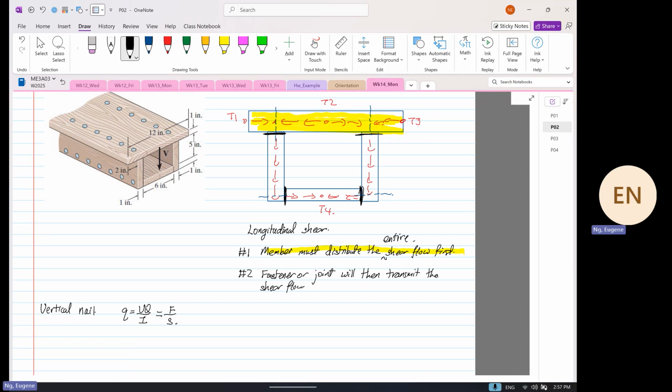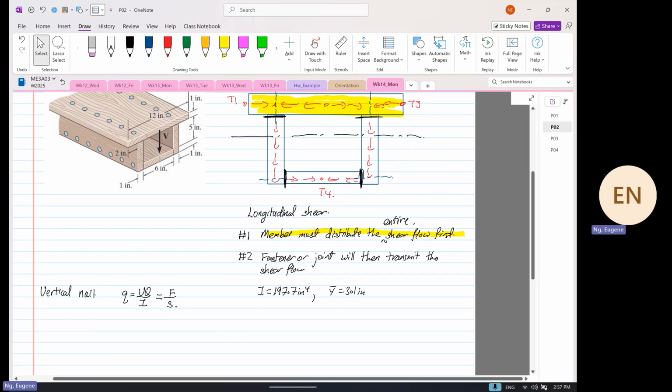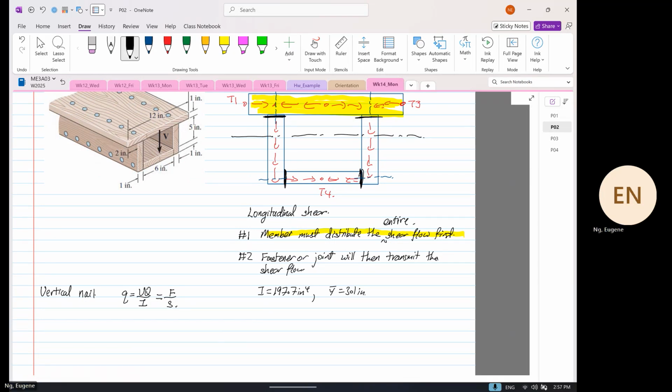Okay, so when there's a case, given, I'm not going to find I, so given that I is equal to 197.7. And we are given Y bar is equal to 3.1 inches. Okay, so this is our geometric. So when there's a case, the V that is given, we don't know what's our V. So V we don't know, but we have to find our Q first.